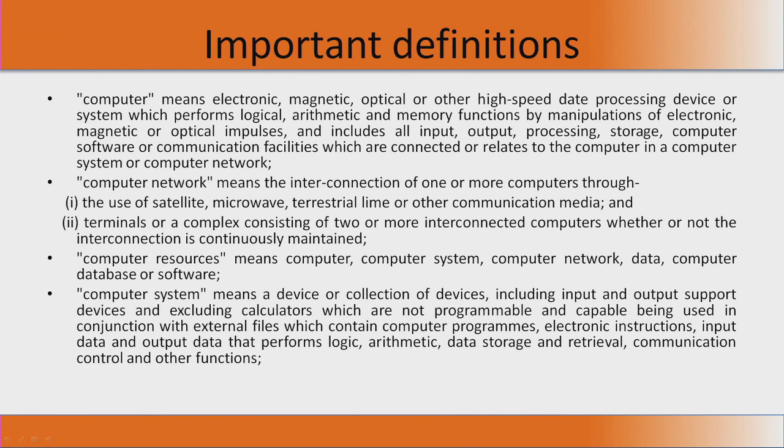It means computer, computer system, computer network, data, computer database or software. So, everything is covered under computer resources. And computer system means a device or collection of devices, including input, output, and support devices and excluding calculators which are not programmable, and capable of being used in conjunction with external files which contain computer programs, electronic instructions, input data and output data that perform logic, arithmetic, data storage, retrieval, communication control and other functions.